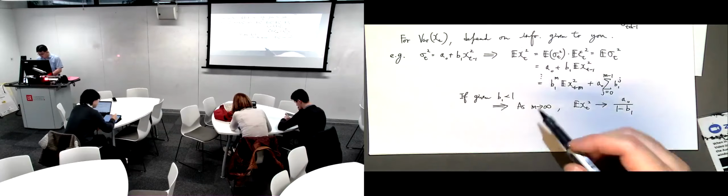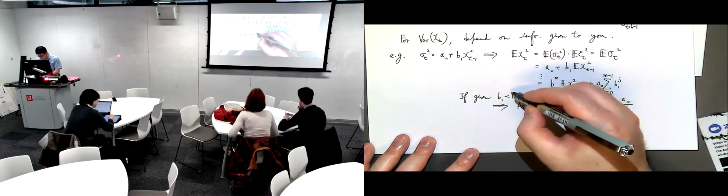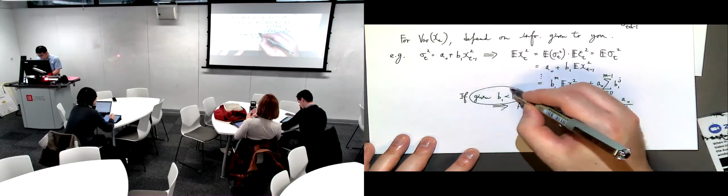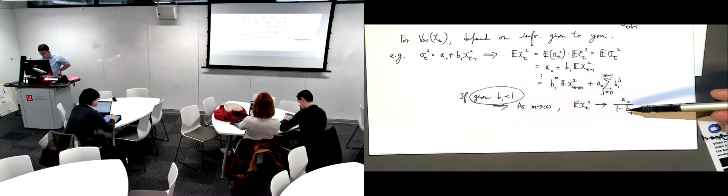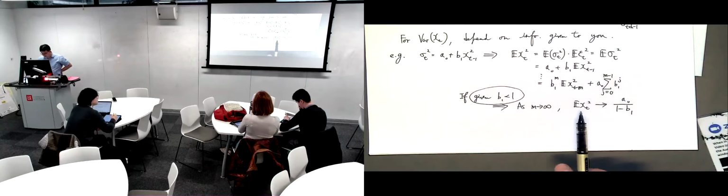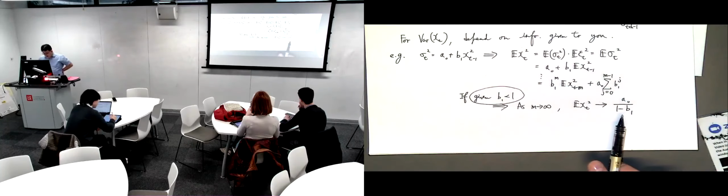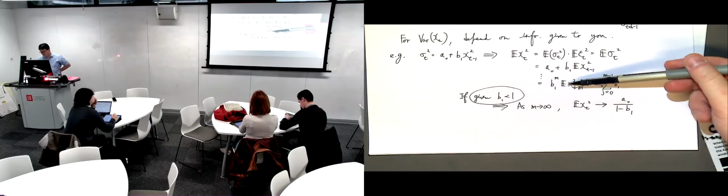So the information given is actually b1 less than 1. Then you can use the ARCH(1) equation to show that the expectation of x_t squared has to be finite and time independent. Because it starts from minus infinity, I haven't talked about an initial starting point.